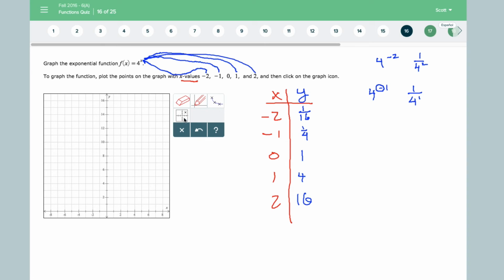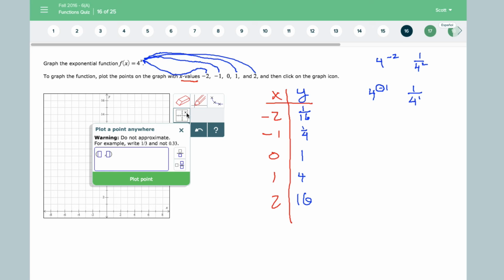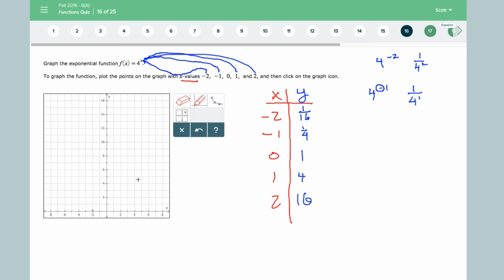Let's plot those points. Use this button right here if it's a fraction. We have -2, comma, not 0.2, -2, comma, 1 over 16. And that's just 1 divided by 16, or you can use the fraction button. Plot point.